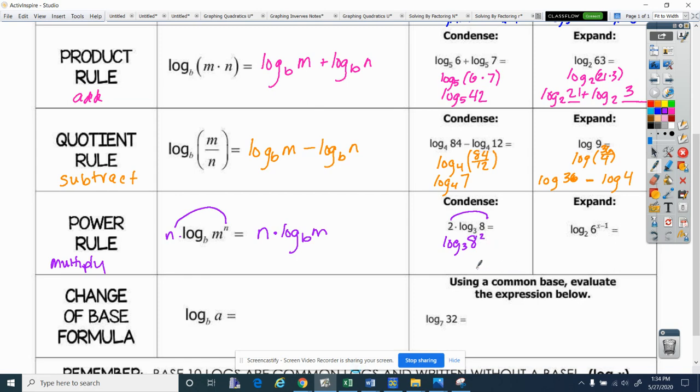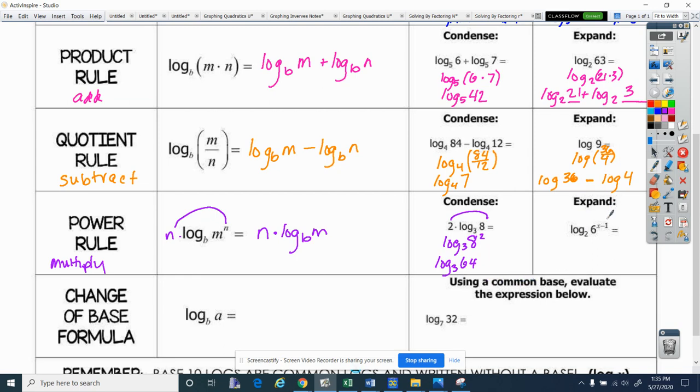Because we're condensing with the power rule, we can leave it like this, but you should probably make it log base 3 of 64. Because if you were going to evaluate, and we're not going to do that here, we'd want it written like this.